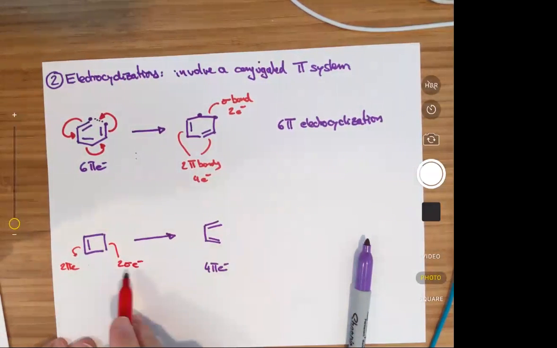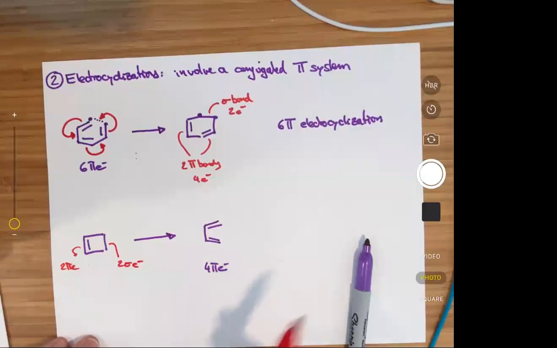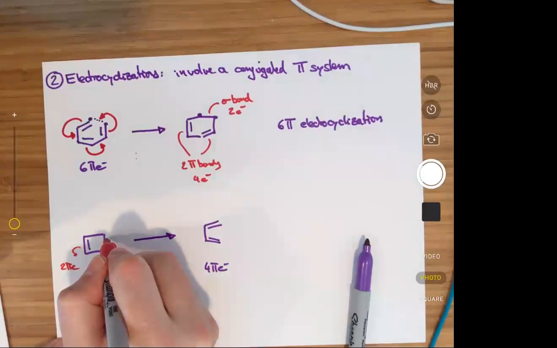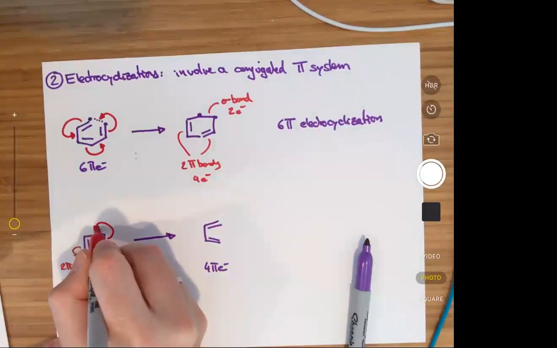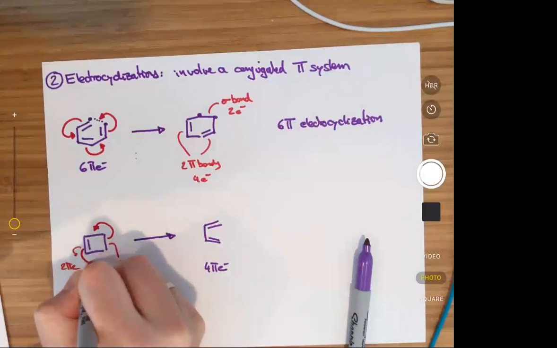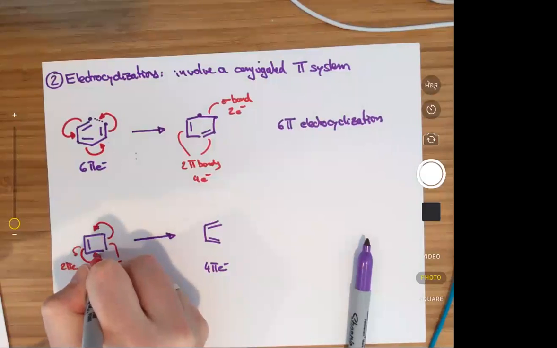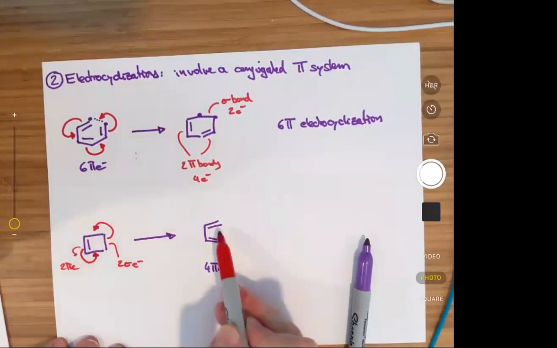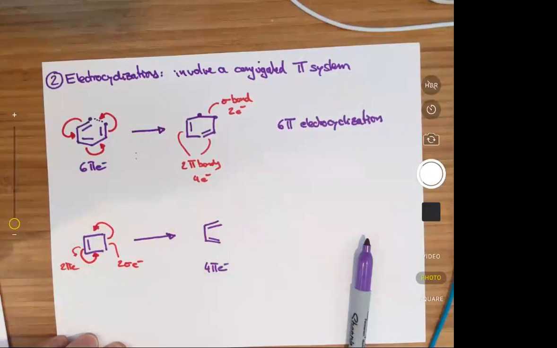So the total number of electrons are again 4, the same way you have them on the other side of this arrow. And if you were to draw out the 2 electron mechanism, you could push these electrons over here, and you could take these electrons and push them essentially over here. So you're breaking the sigma bond and forming these 2 new pi bonds.